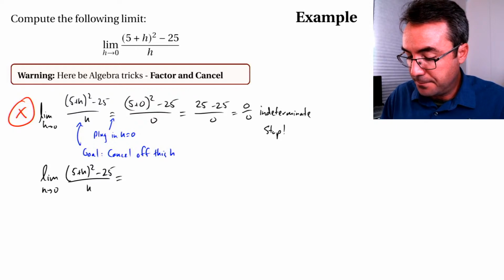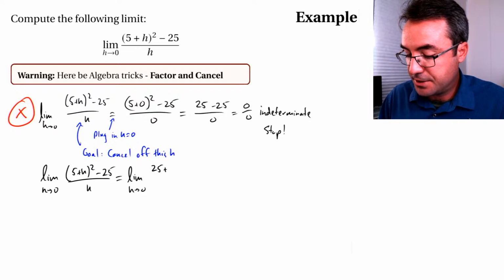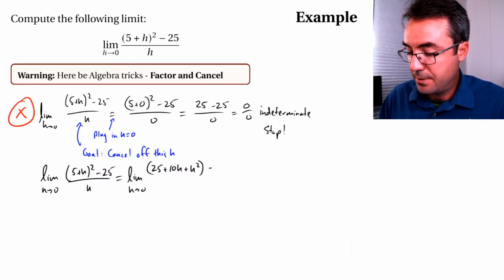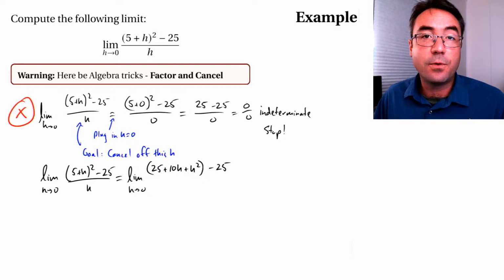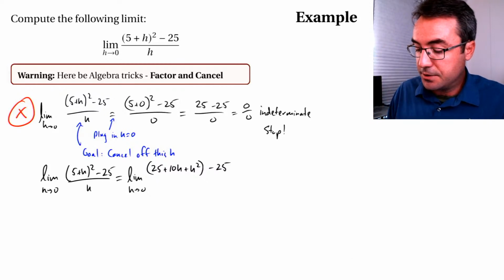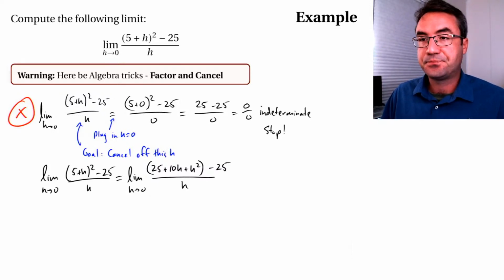And so if we do that, we get 25 plus 10h plus h squared. And then we have our minus 25 from before. And then all divided by h.